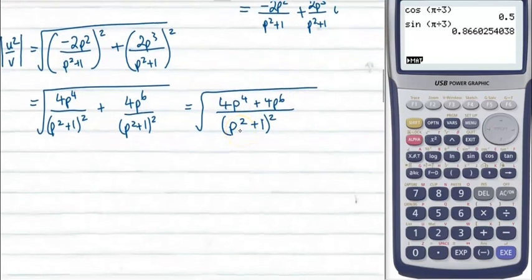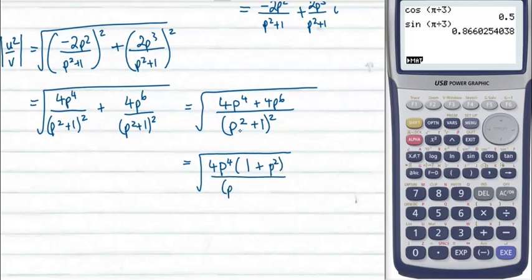And then we can see we can factorize out a 4p squared at the top here. Actually, we can take out more than just a p squared. We can take out a p to the 4. That's equal to just 1 plus p squared here, all over p squared plus 1 squared.